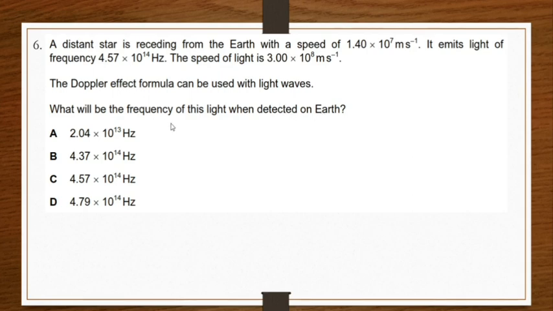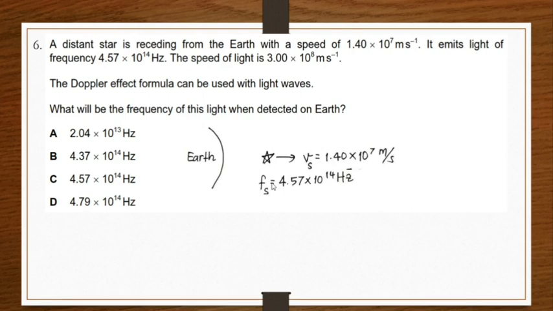effect formula. Yeah, I will draw a diagram here that when this is the Earth and I have a star receding from the Earth, moving further away from the Earth with the velocity of 1.4 times 10 to the 7 meter per second, this will be the source of light. So I can label this Vs. And Fs, the frequency of the source of light, is 4.57 times 10 to the 14 Hertz.